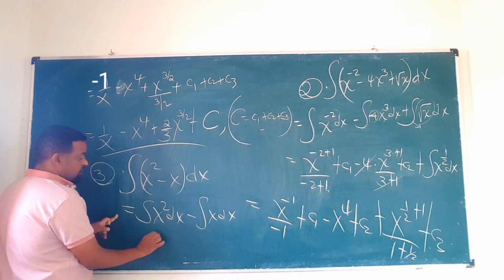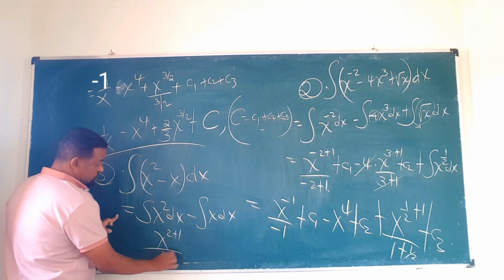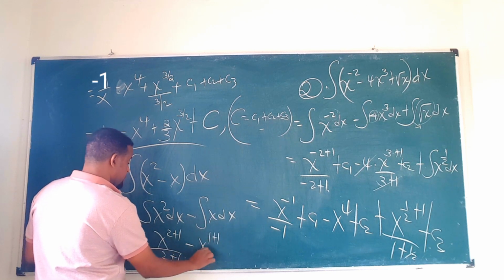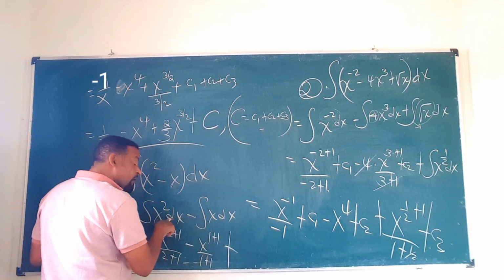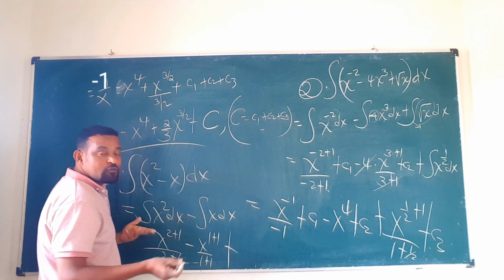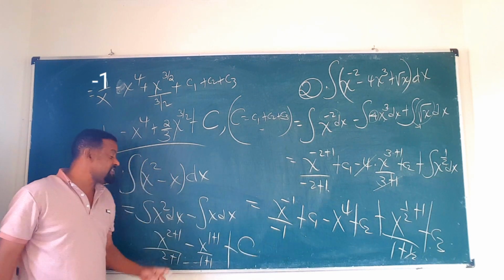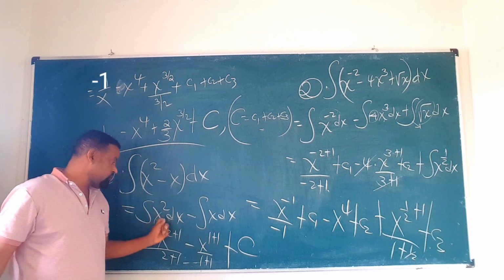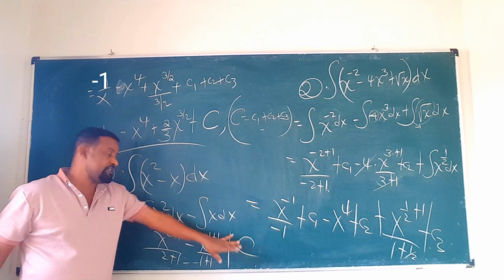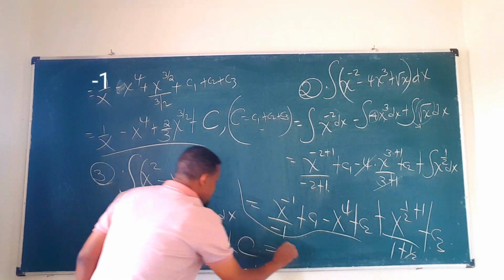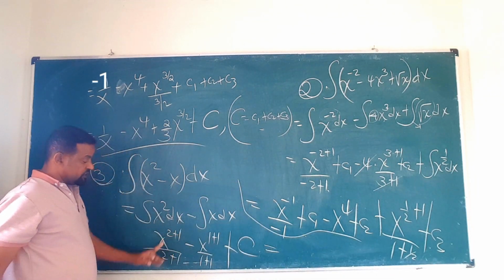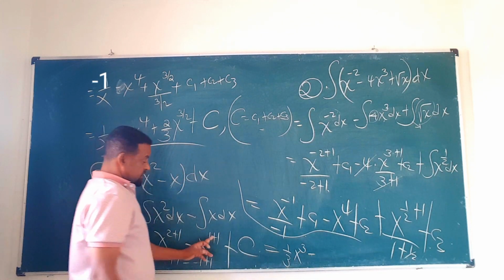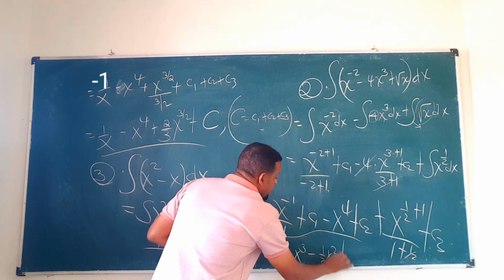The integral of x squared is x to the power of 2 plus 1 over 2 plus 1, minus the integral of x, which is x to the power of 1 plus 1 over 1 plus 1, plus here there is c1 and here c2. If you have c1 and c2, you can write plus c afterwards, where c is c1 plus c2. If there are three, c1 plus c2 plus c3, if four, c1 plus c2 plus c3 plus c4, you can write plus c. So that will be, 2 plus 1 is 3, so 1 over 3 x to the power of 3 minus, this is 1 plus 1, so 1 over 2 x squared plus c.